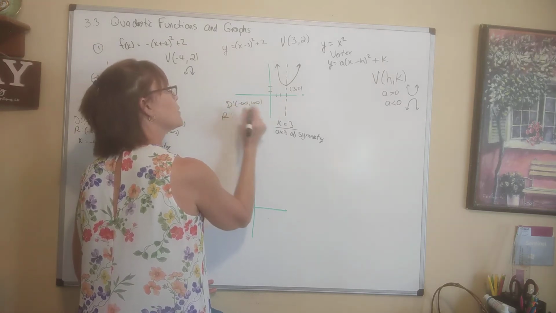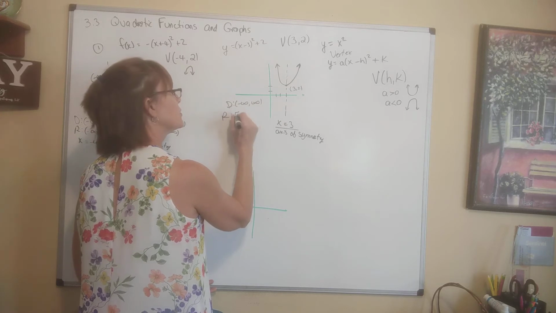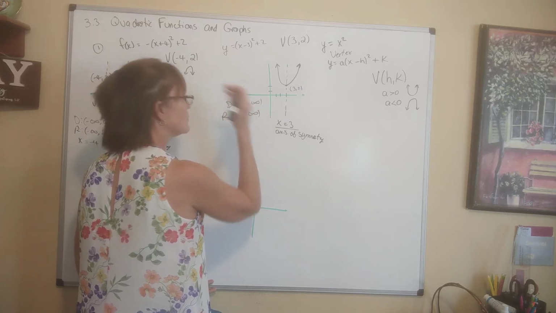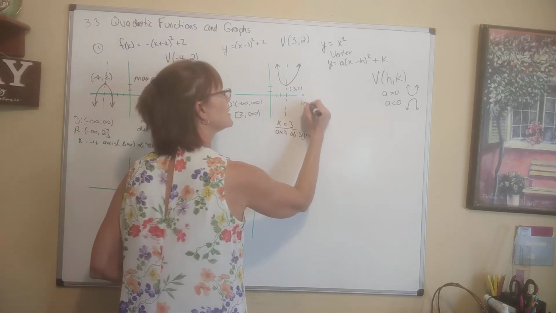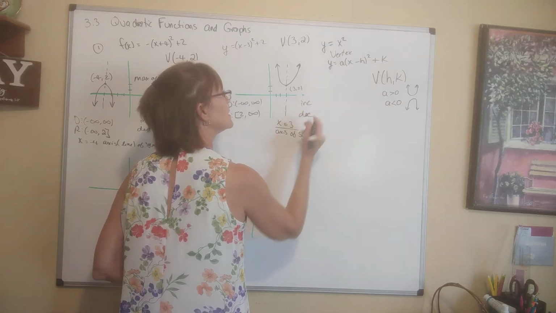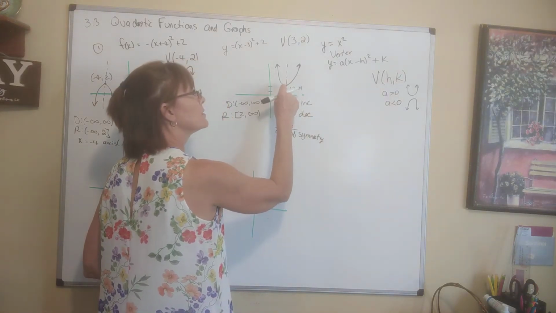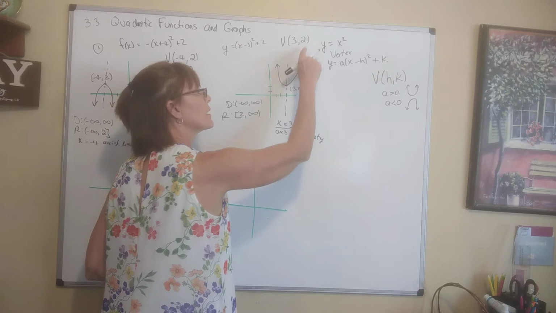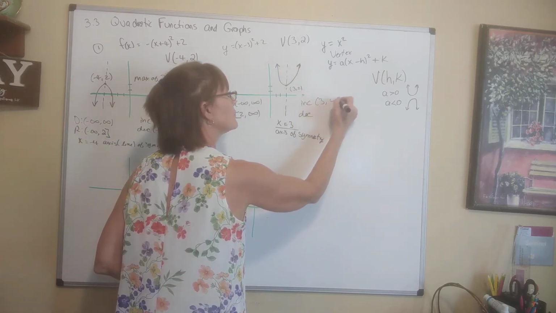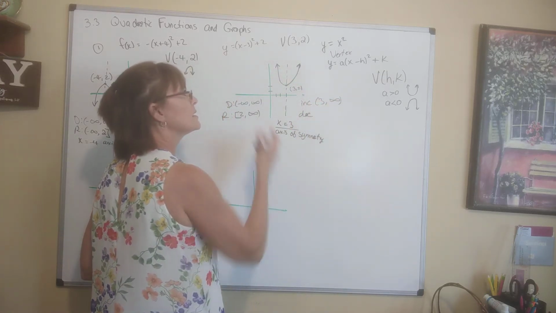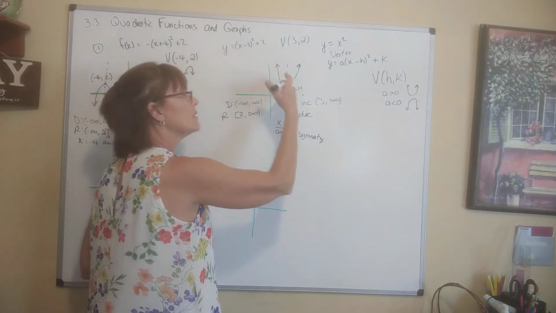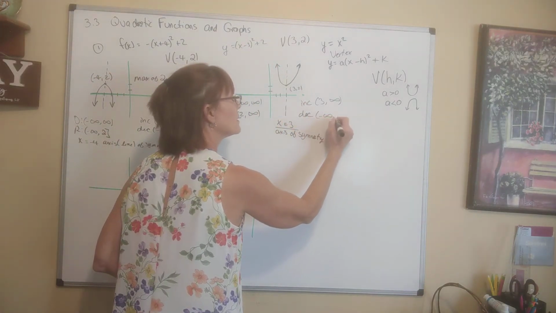What is the range? Well, the lowest point we get to is 2. It goes all the way up to infinity. Where is this guy increasing? And where is he decreasing? He's increasing starting at 3, going up. So it's increasing from 3 to infinity. Where is it decreasing? From negative infinity to x equals 3.